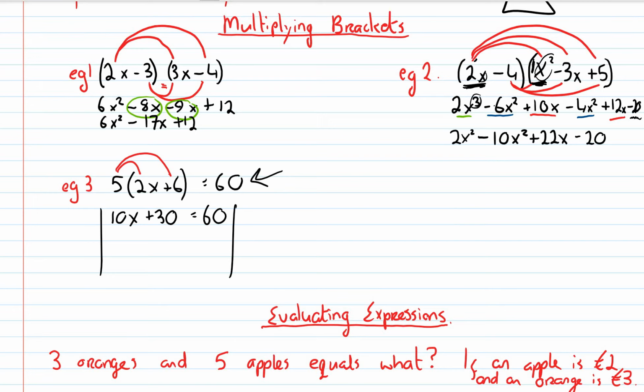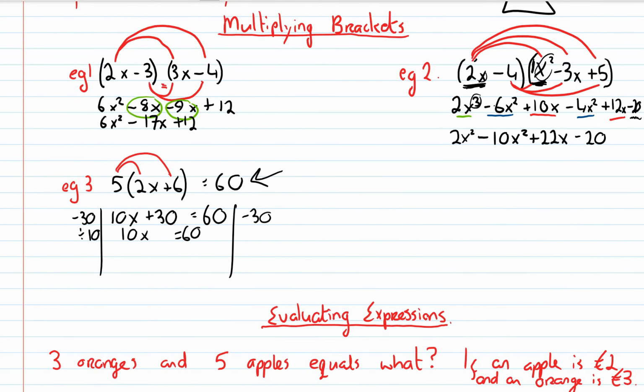For stabilizers, I'll take 30 from this side, I'll take 30 from that side. I'll be left with 10x equals 30. Okay, 10x equals 30, divide by 10, divide by 10, x equals 3.